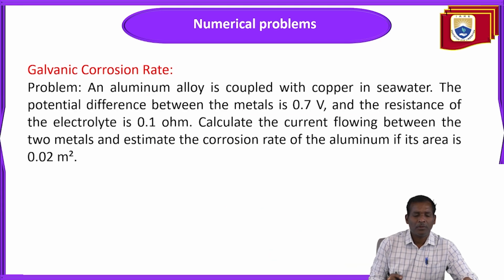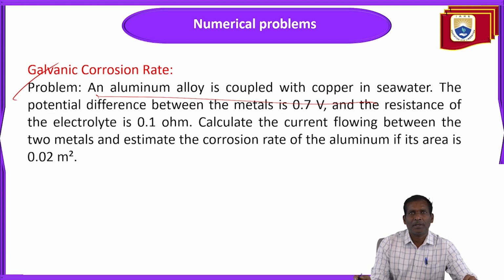Galvanic corrosion rate. How do you calculate? An aluminum alloy, the galvanizing process, already you know. We have studied in corrosion protection coating methods. So an aluminum alloy is coupled with copper in seawater.